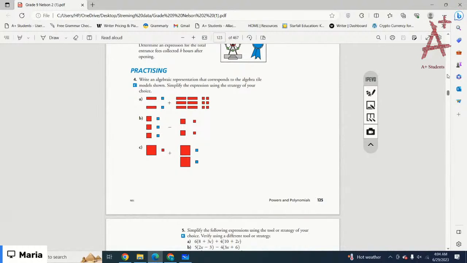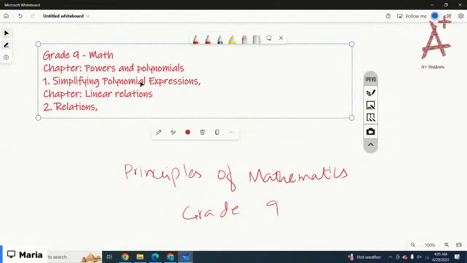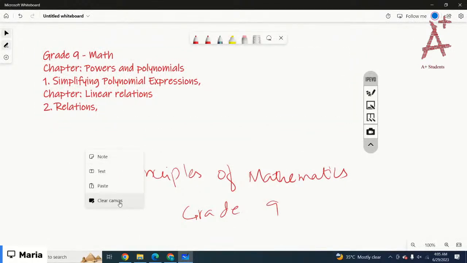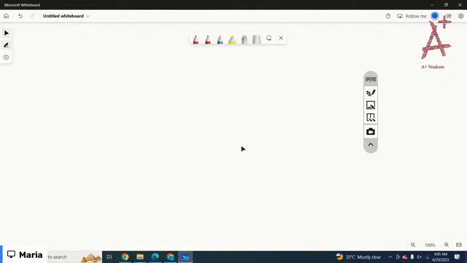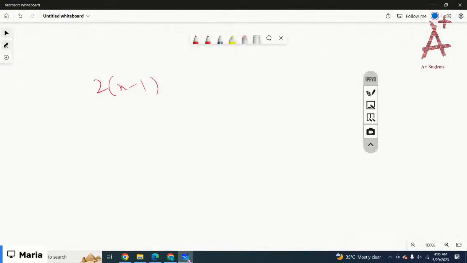So you can write A as 2 times x minus 1, because you have red tiles, and here you have plus 3 times 2x plus 2.